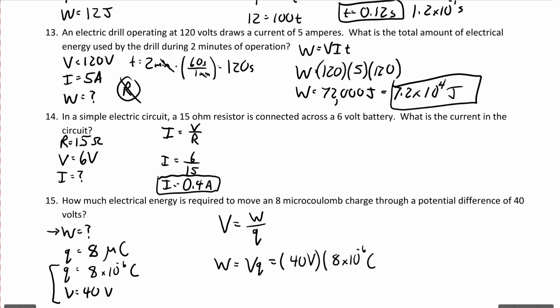That's 8 microcoulombs, a small amount of coulombs. You multiply those two numbers and you get 3.2 times 10 to the negative 4 joules, because work is measured in joules of electrical energy. And that's how you do that one.